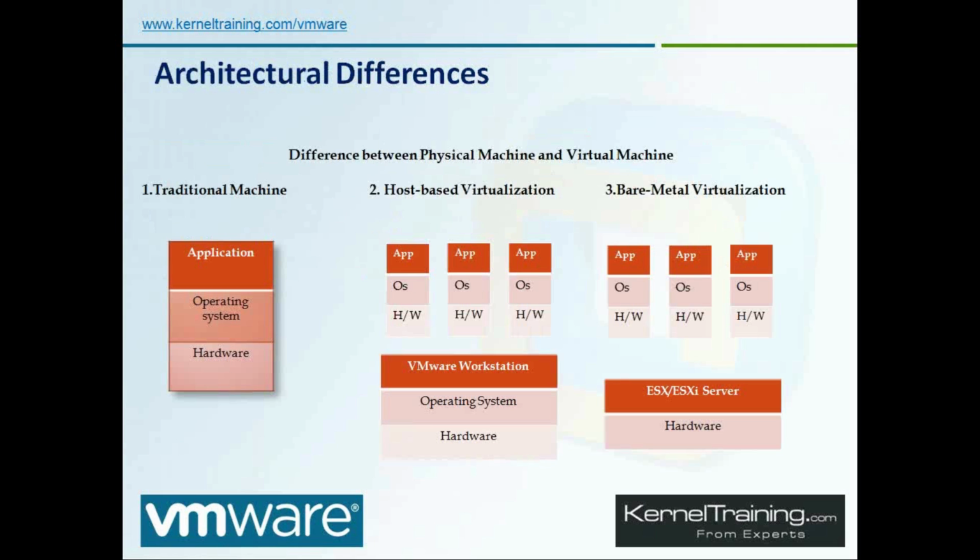In these architecture differences, you can understand the architecture of VMware Workstation and ESX and ESXi Server. Here we have three types of architecture: the traditional machine, host-based virtualization, and bare metal virtualization. The traditional machine is nothing but a physical machine.